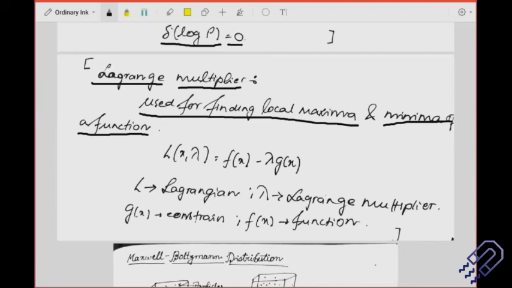So how many of A should I produce, how many of B should I produce, so that I get maximum profit. These kinds of calculations are done, and the mathematical tool used is called maxima or minima. If you use Lagrange's multiplier, you can arrive at this maximum or minimum.